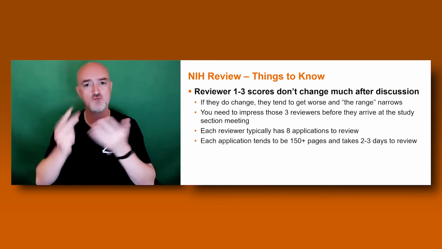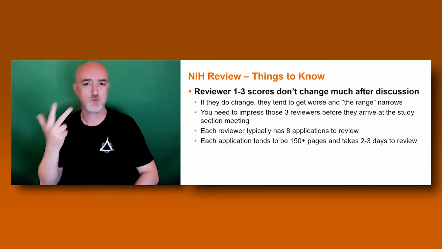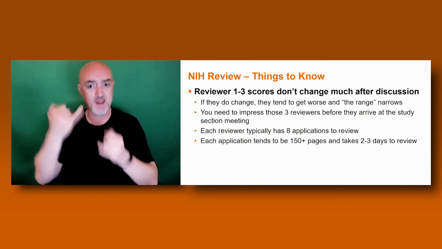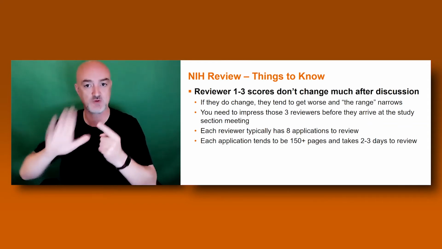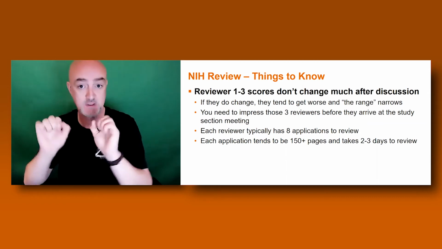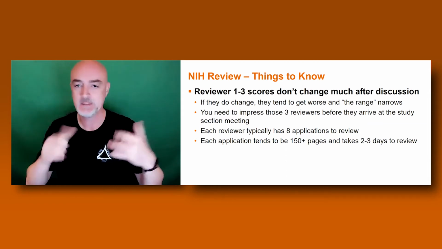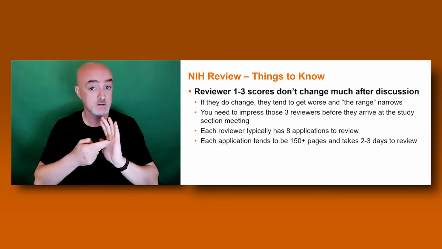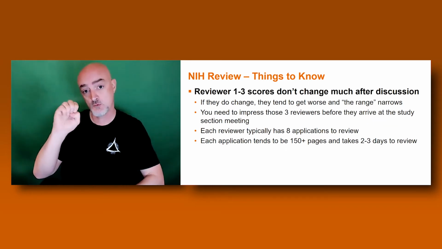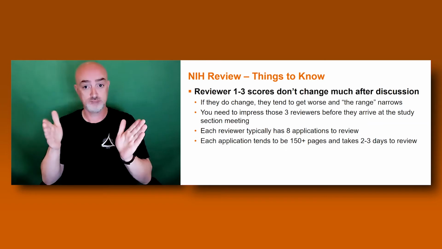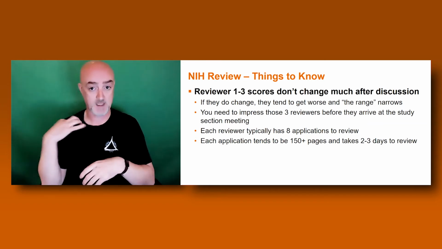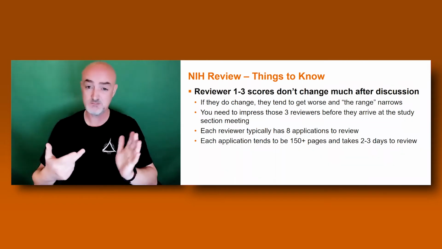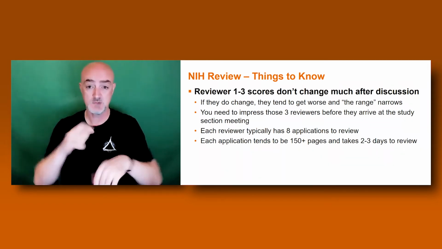Very important to know that the initial 3 reviewers give initial scores, and by the time they announce their final scores in front of the group they might change, but typically it doesn't change much. So the range that's provided for people to vote on can really make or break the application.